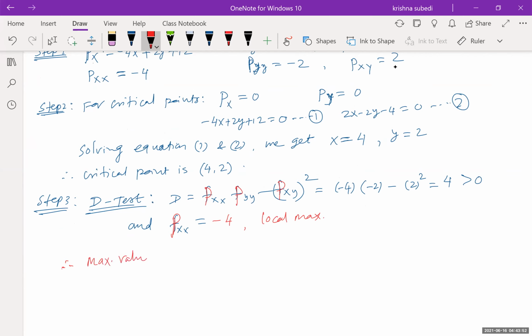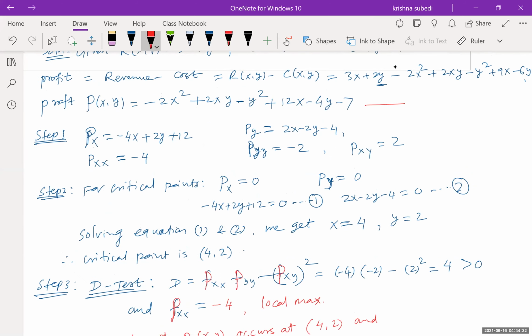The maximum value of P(x,y) occurs at 4 and 2, and the maximum value is, you substitute this value in the original function.